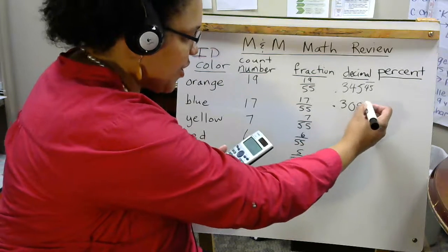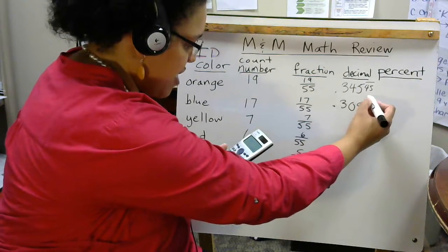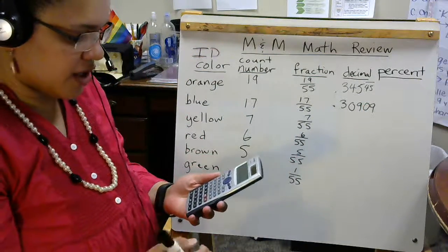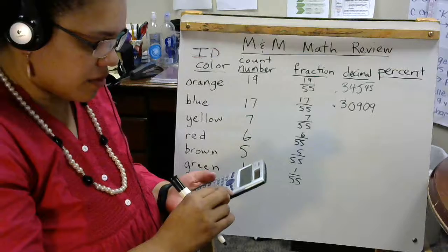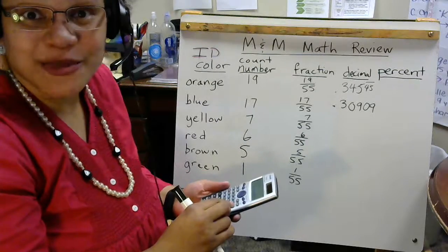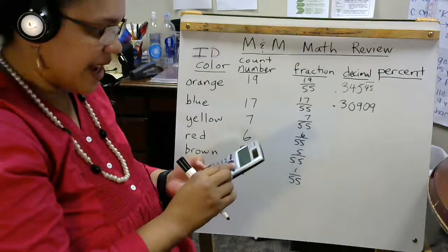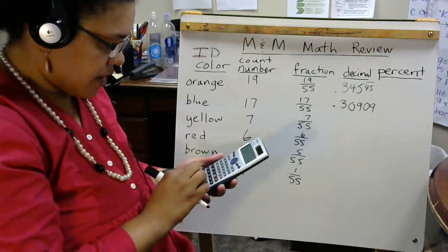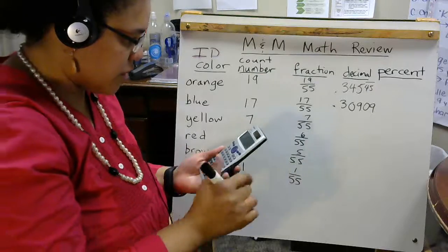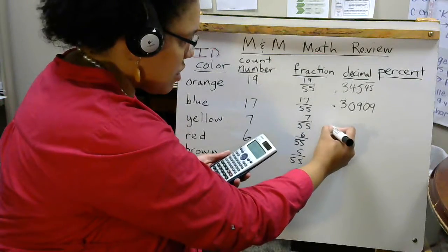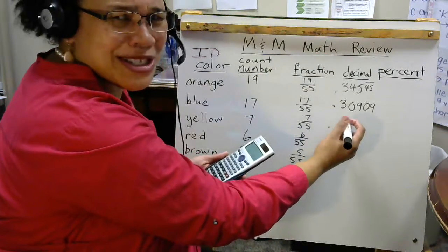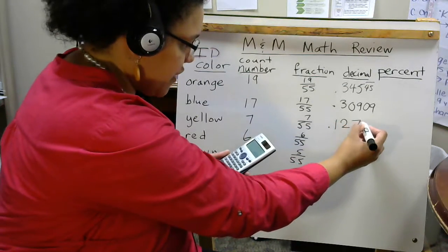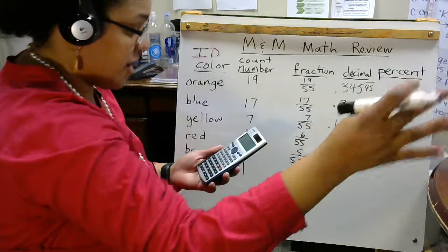55 must be one of those fun numbers that you get these long decimals when you divide by. Okay, and then 7 divided by 55 equals point. Is that called irrational numbers? One of you math majors, help me out. 0.12727, and it keeps going.